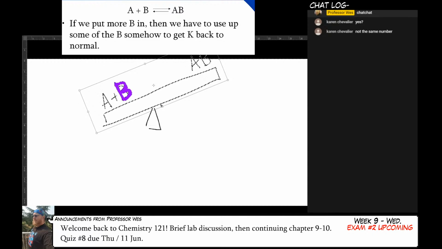So what's happening here is that if I add extra B to the mixture, I am no longer at equilibrium. I have too much B. So I have to go back to equilibrium, so I have to change this back to 4.